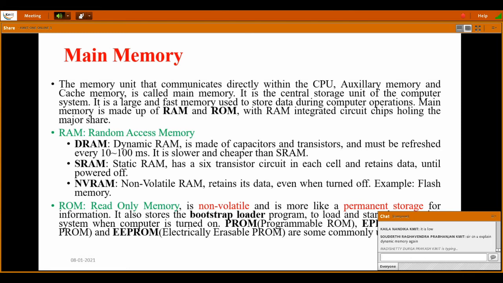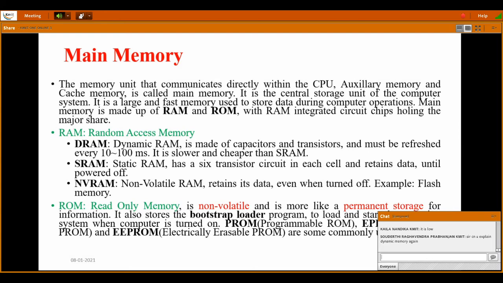What is RAM here? RAM is random access memory. In this RAM, we are using the DRAM. What is the DRAM? Dynamic RAM is made of capacitors and transistors and must be refreshed every 10 to 100 microseconds. It is slower and cheaper than the SRAM.